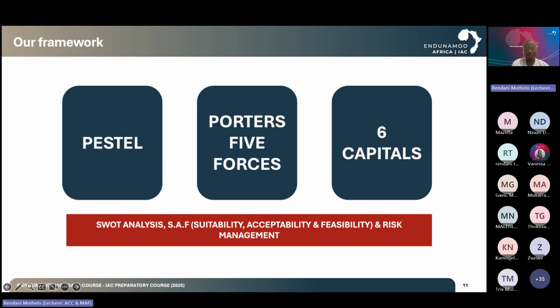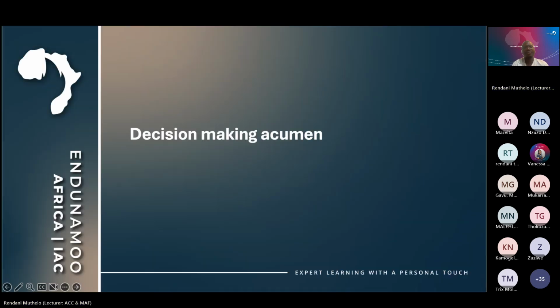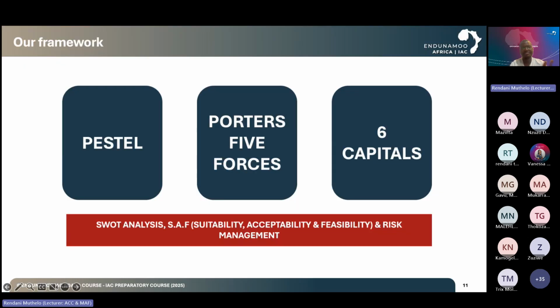So it's going to be very important as you go through this section to remember and understand how you're going to use these frameworks. And that is what business acumen is all about. So think business internal and think business external environment.